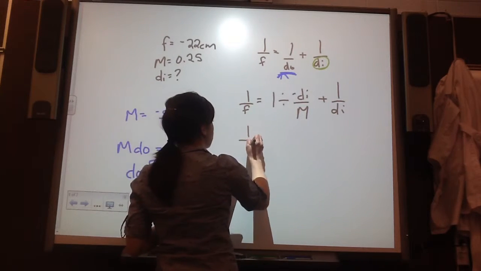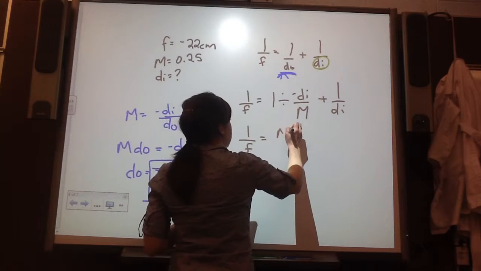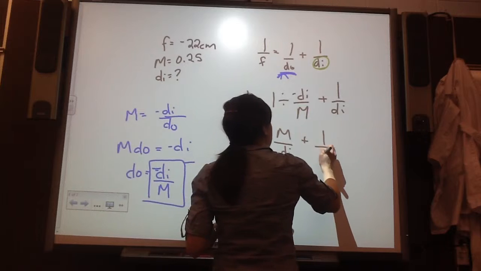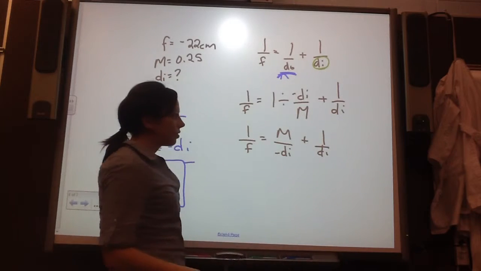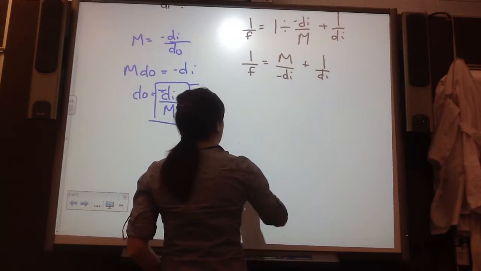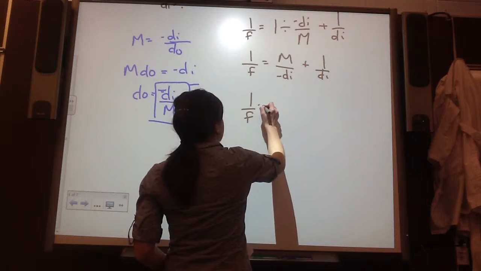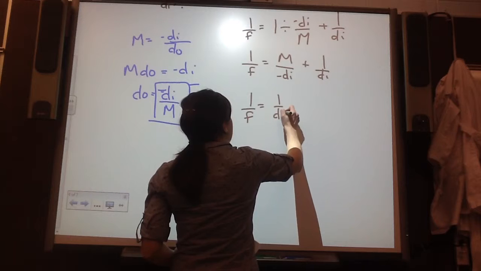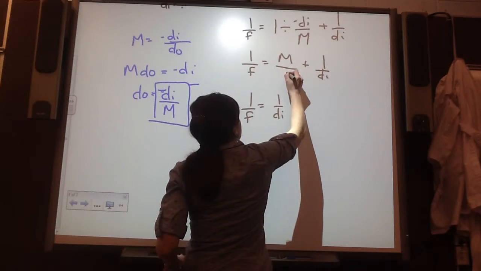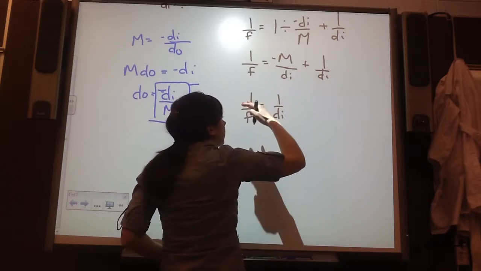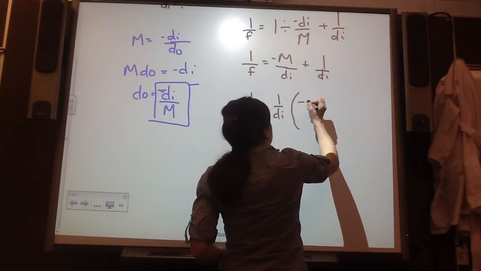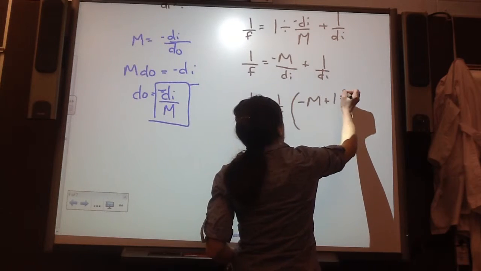So I have 1 over f is equal to m over negative di plus 1 over di. Now I'm going to factor out 1 over di. I'm going to put the negative on the top of this fraction, so then I can factor out 1 over di. So then I have 1 over di multiplied by negative m plus 1.